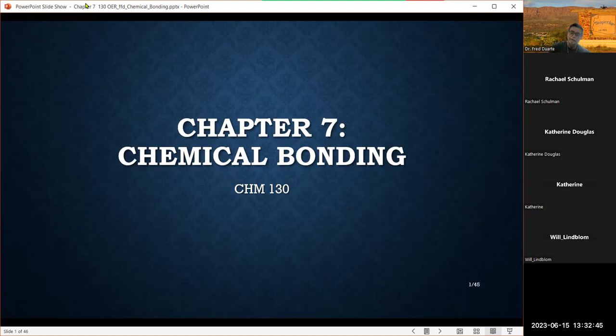The first type is made up of a combination. Remember, by definition, a compound is made up of two or more different elements. So the first example is made up of a metal and a nonmetal.